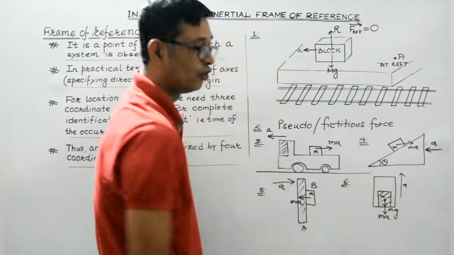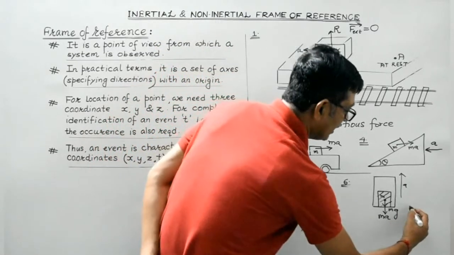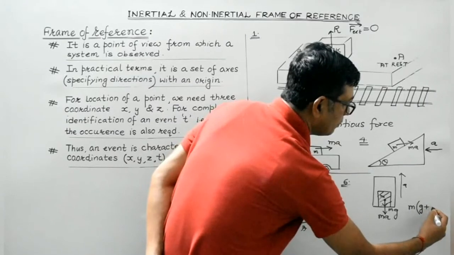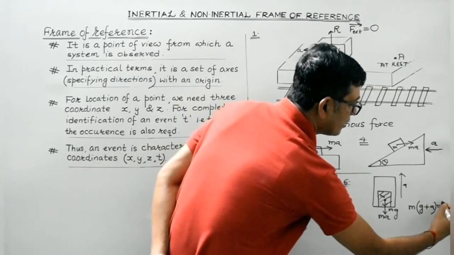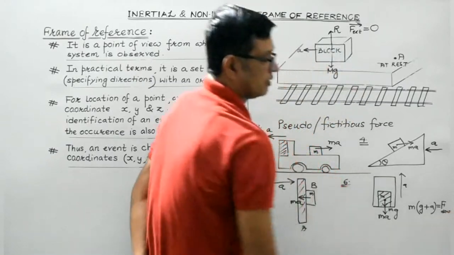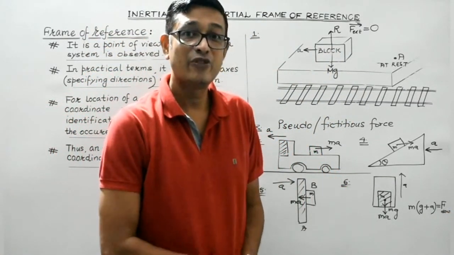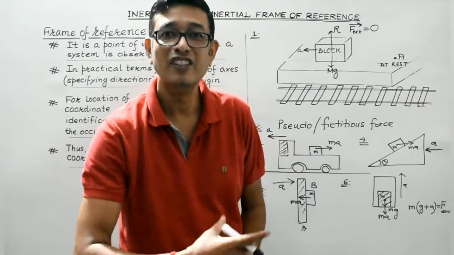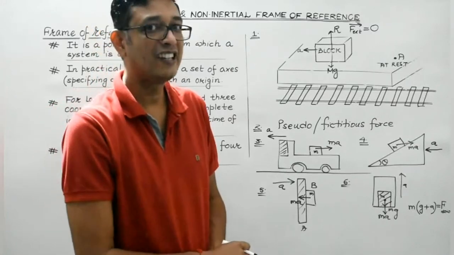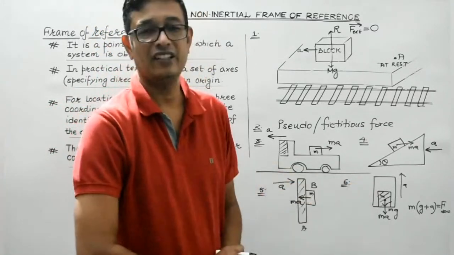So the net force acting downward would be mg plus a. As a result, the net weight of the person will tend to increase. The apparent weight of the block or the person will be greater than the actual weight.